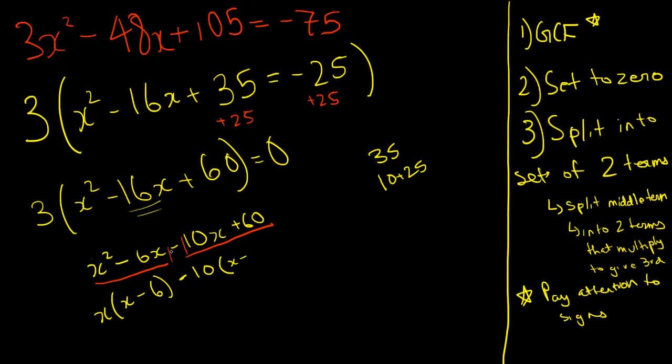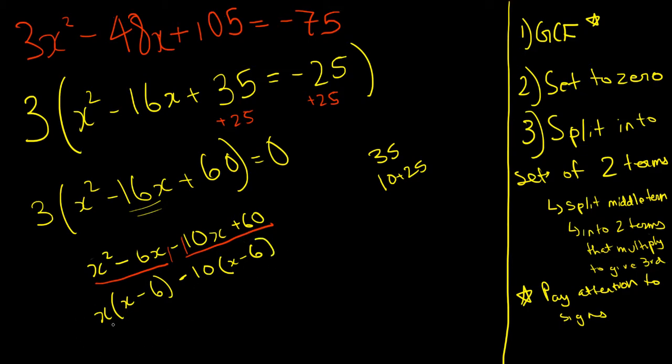And make sure you pay attention to the sign here again, because it takes a -10 times a -6 to give you positive 60. So just keep that in mind. Again, just pay attention to your signs. So this would be x minus 6 as well.